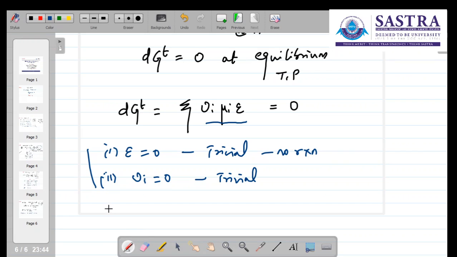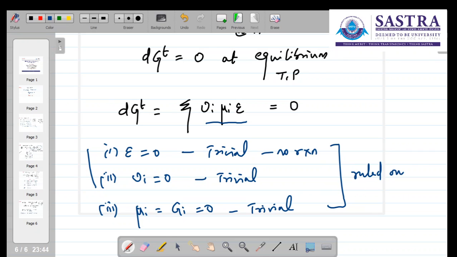Now you can have a third mathematically trivial solution, where the partial molar Gibbs energy or the chemical potential of all the species is 0. This is again a very obvious mathematical solution, but it does not have physical significance. So all these are ruled out and are not acceptable.